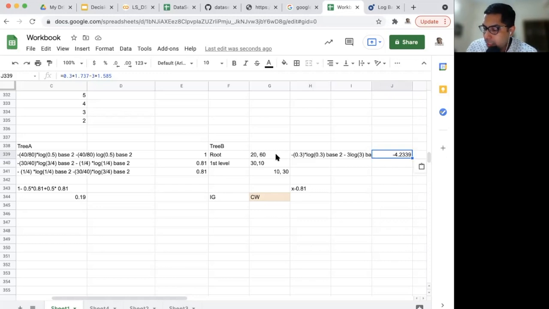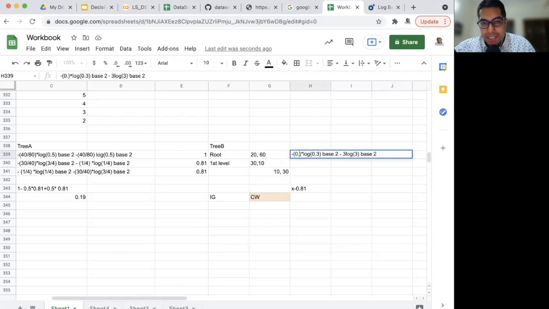Then 3 log 3 base 2. Sorry, my bad, 20 by 80. 20 divided by 80, that's 0.25.